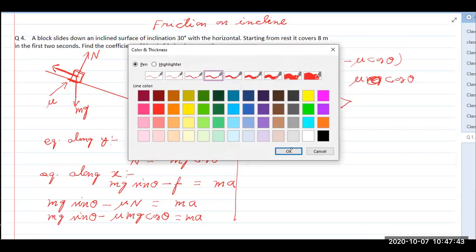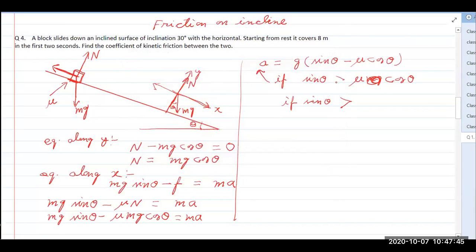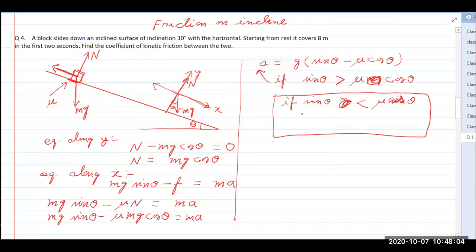Only if sin theta is greater will the downward force be more and the object accelerate. But in the reverse case, the surface is sufficiently rough and the object does not slide. In this case the object will slide only.